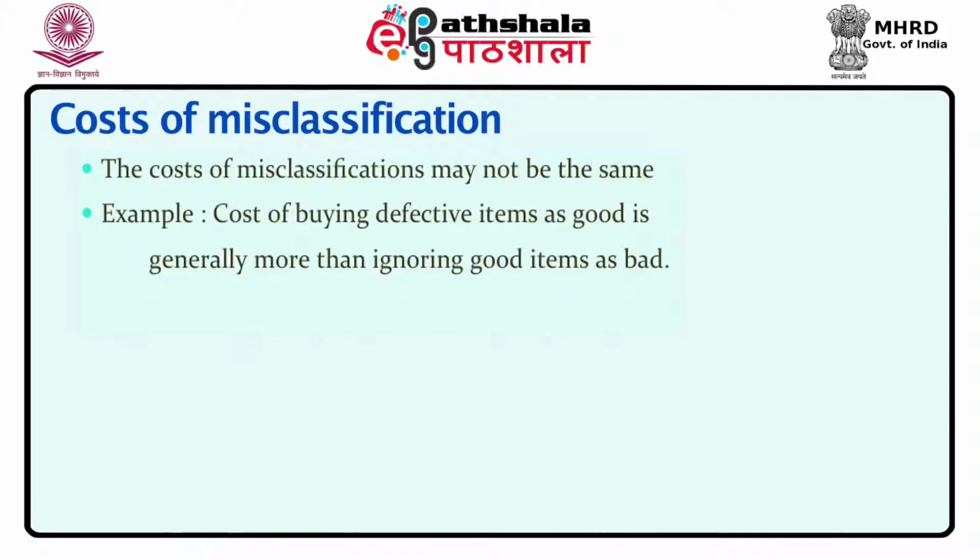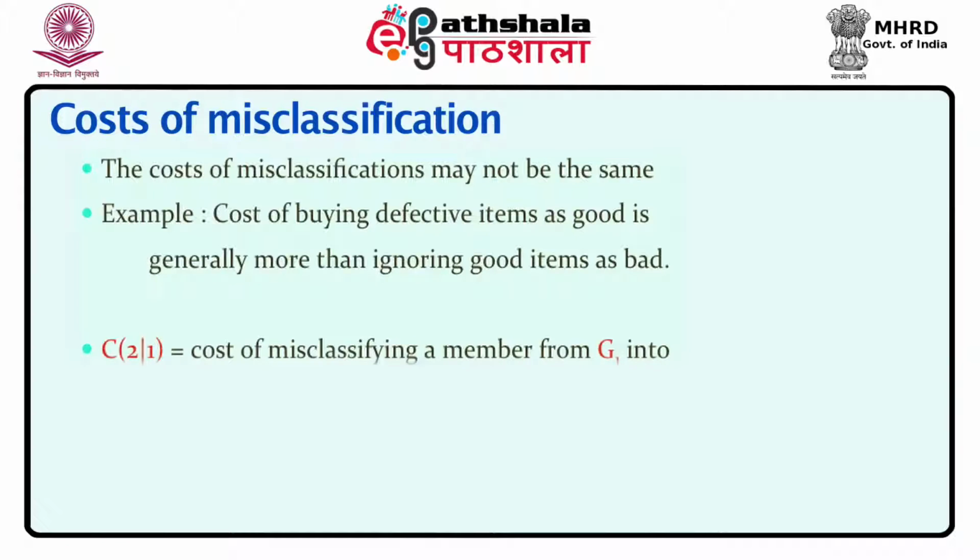But if you don't buy a good item thinking that this is bad, probably the cost is much lower. In the first case, you have spent money on something which is not good. In the second case, you could have bought something you like, but you have forgone it, assuming that this is not good. So the costs of these two are very often not equal.